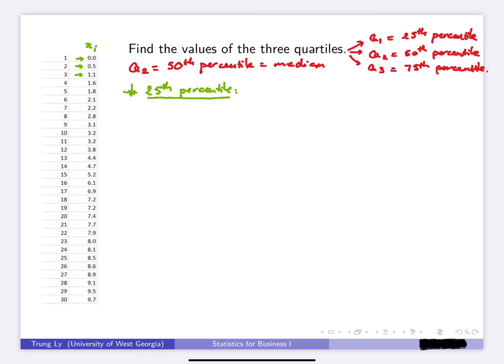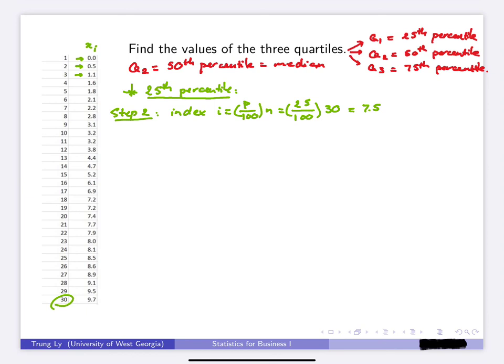So now we want to find the index I. The index I in this case is going to be P divided by 100 times the number of observations. So P over 100 times N, right? P in this case is 25 divided by 100 times the number of observations. Here we have a total of 30 observations. If you do the math here, this gives you 7.5.